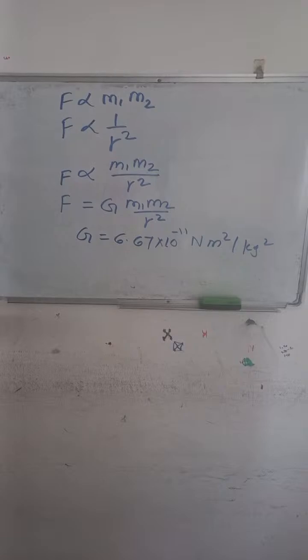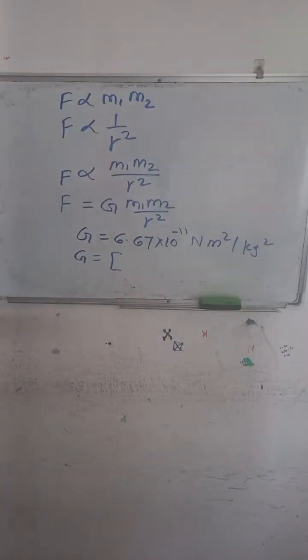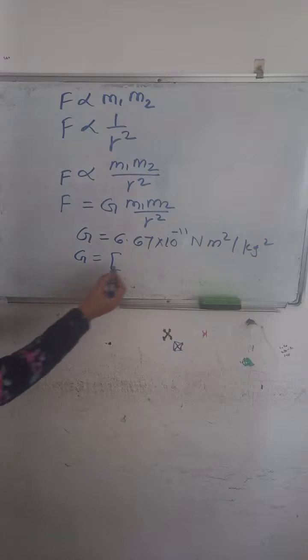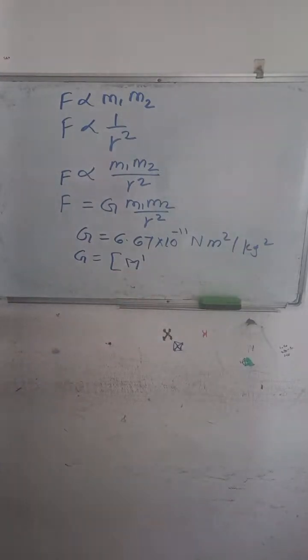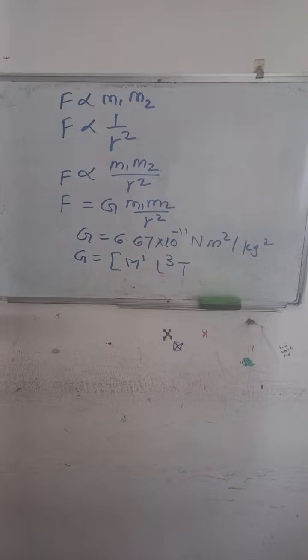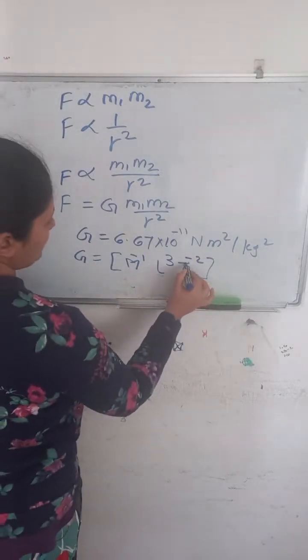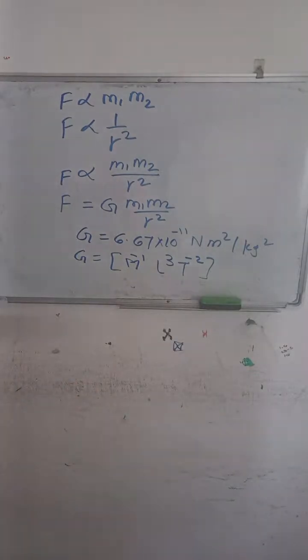If we calculate the dimensions, write down the dimensions for G. G is M raised to minus 1, L raised to 3, and T raised to minus 2. These are the dimensions for the gravitational constant G.